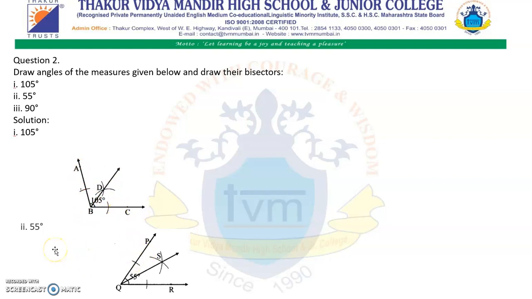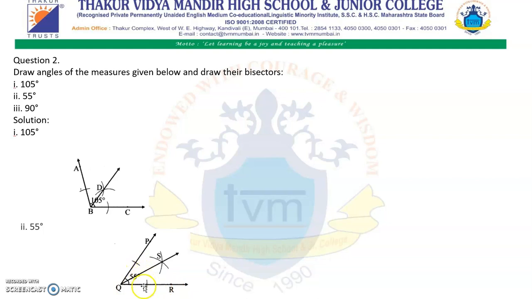In the same way, we can find the angle bisector of a 55-degree angle. First, draw an angle of 55 degree. Keep the pointer of the compass at Q. Take any radius. Draw two arcs, one arc on arm QP, another arc on arm QR.